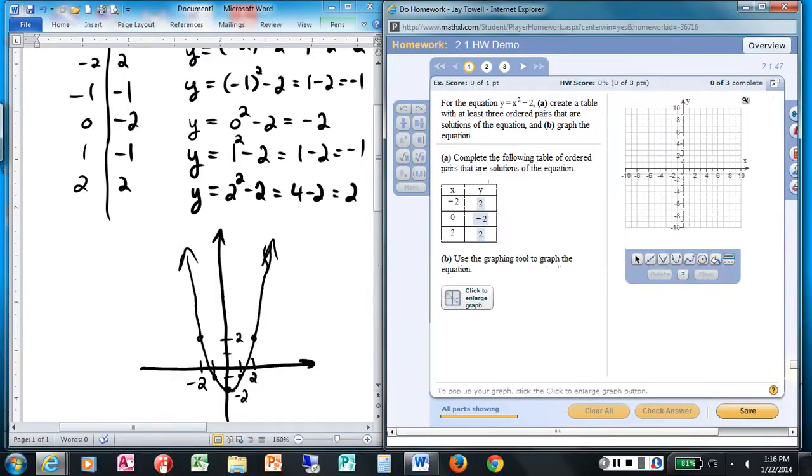Get rid of that. All right, and so one of the main things on using the MyMathLab graphing axis over here is you'll see here on this palette, I think they call it, we have lots of options.